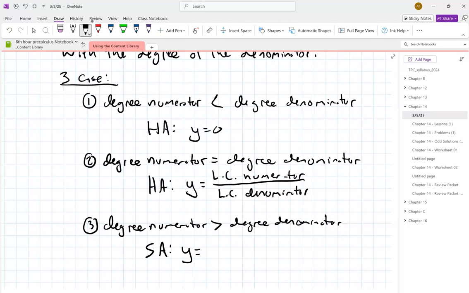And the equation for that slant asymptote is going to be the equation for a line, y equals mx plus b, where that mx plus b is going to be the quotient of the numerator divided by the denominator. So you're going to have to do polynomial division there to get that equation. So either that means long division or synthetic division, depending on what that denominator looks like.